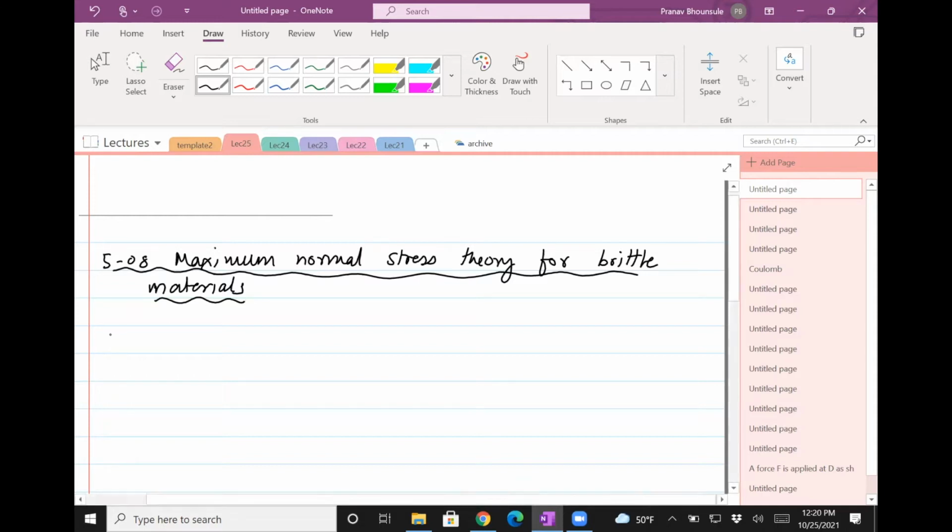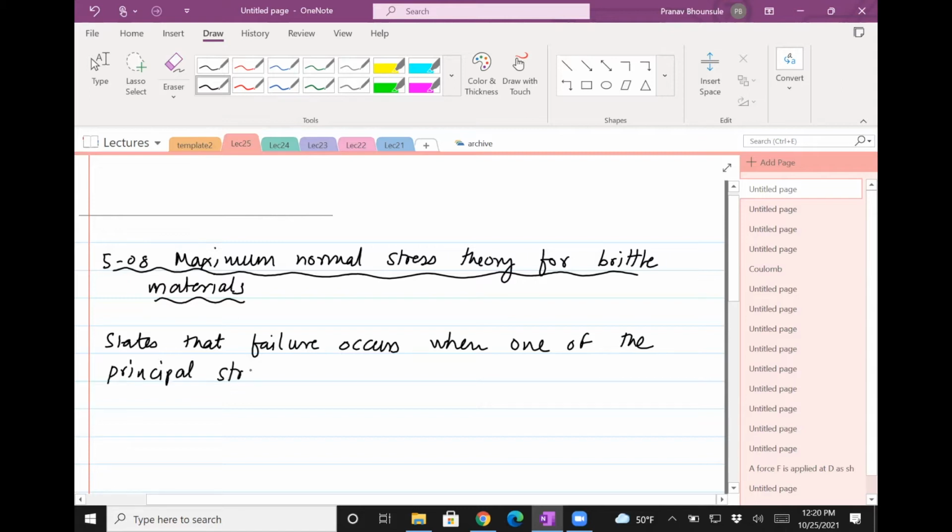This theory states that failure occurs when one of the principal stresses equals or exceeds the strength.